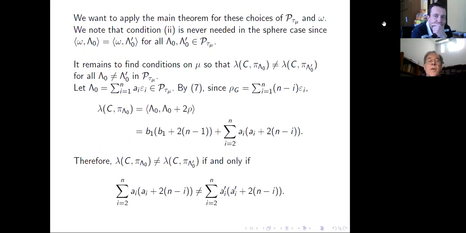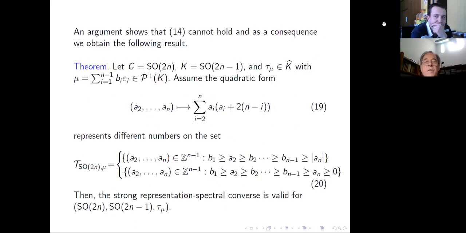So we want to apply the theorem, then we write the eigenvalues of the Casimir, then the condition that the eigenvalues be different is given by the quadratic form being different.